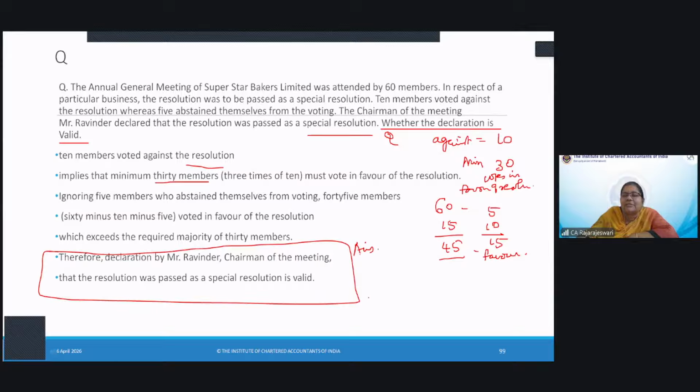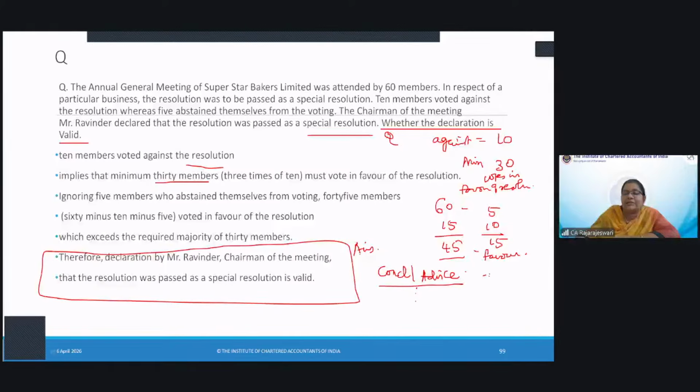Therefore, if the question is asked, or they would have said comment or give your advice, they would have specified in that question. So in that case, you have to give that conclusion or advice on the question. You have to write it separately as a concluding point.